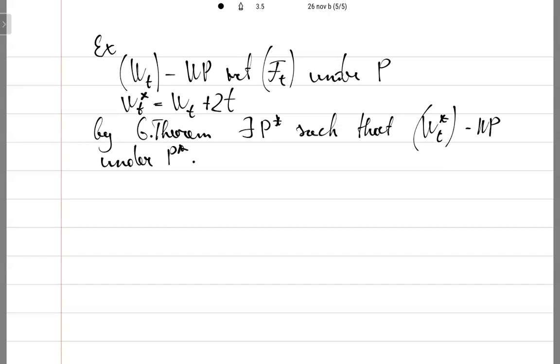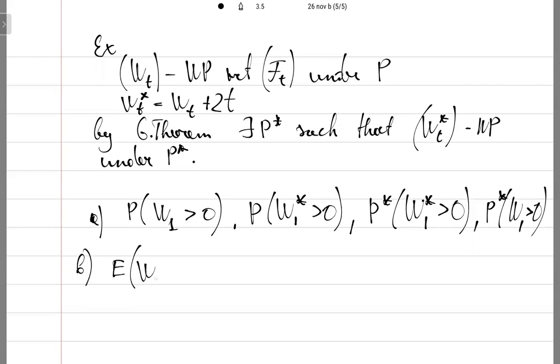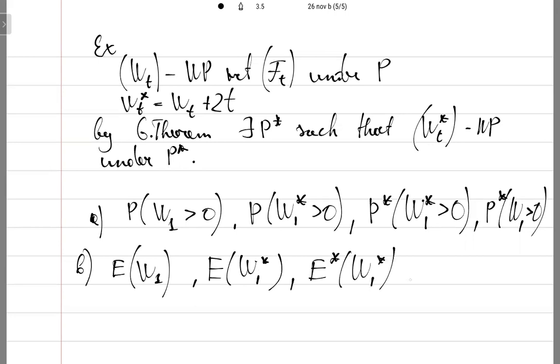My exercise: A, calculate the probability that W1 is greater than 0, the probability that W1 star is greater than 0, the probability star that W1 star is greater than 0, the probability star that W1 is greater than 0. B, the expected value of W1, expected value of W1 star, expected value star of W1 star, and expected value star of W1.